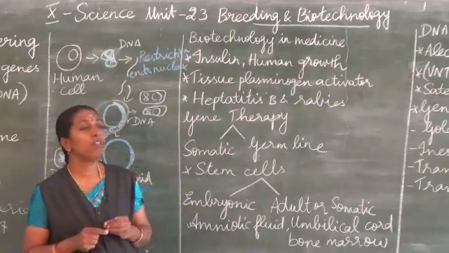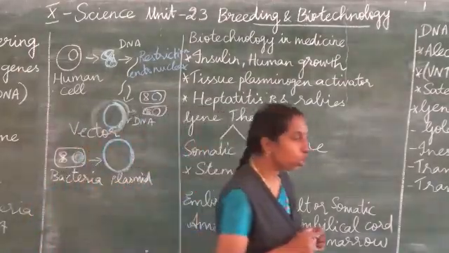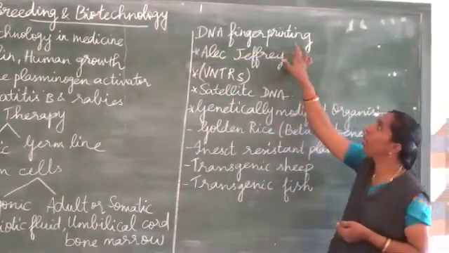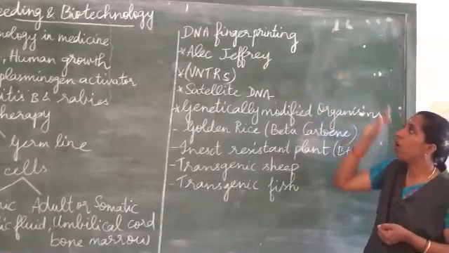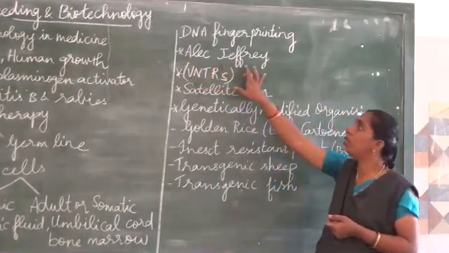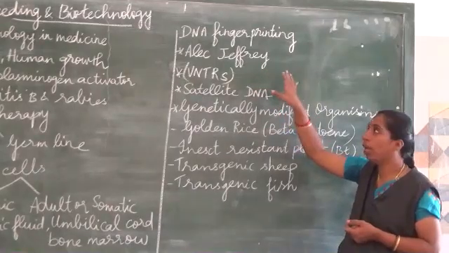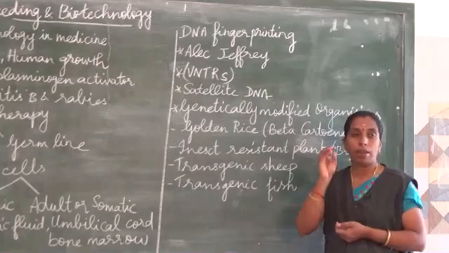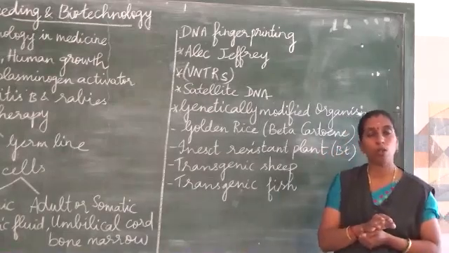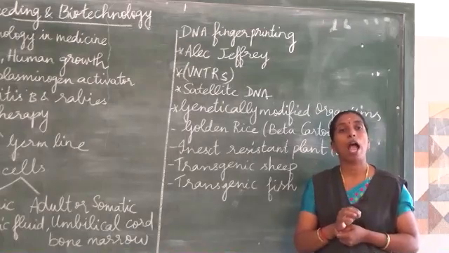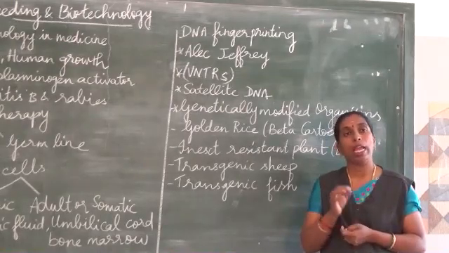So now we shall see one more interesting topic. That interesting topic is DNA fingerprinting. This was first developed by Alec Jeffrey, in the 1990s. Each and every human being, each of us is different. There is variation, except identical twins.